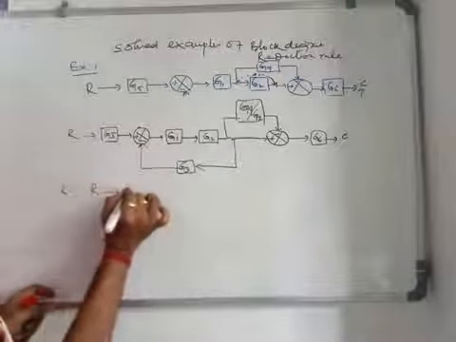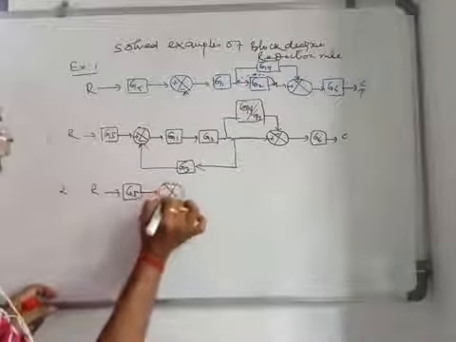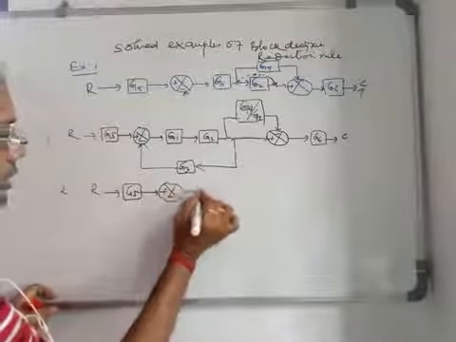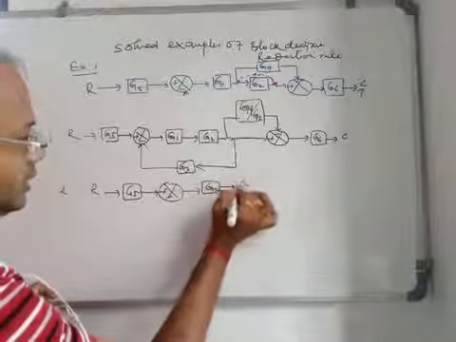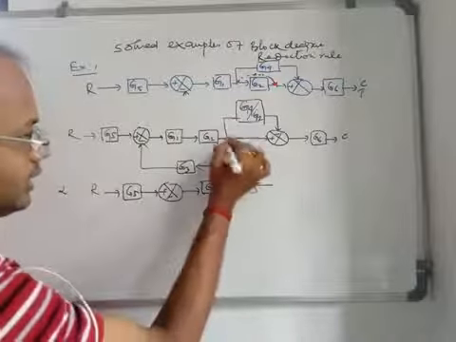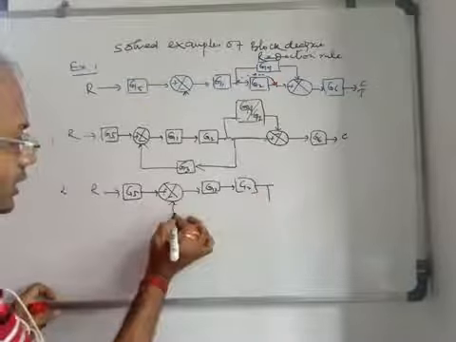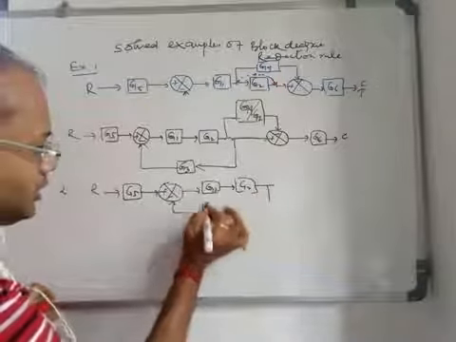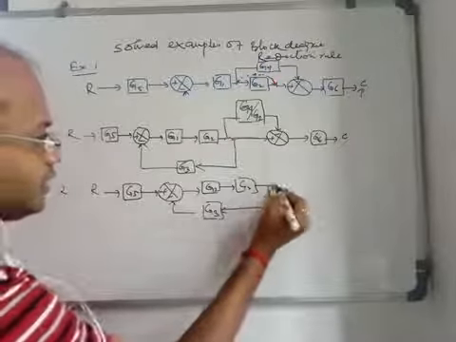First of all, this is your G5, this is your G1, this is your G2, and this I take in this position. So this is your G3. These are some kind of tedious job actually.